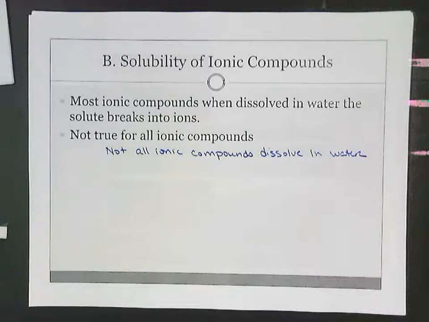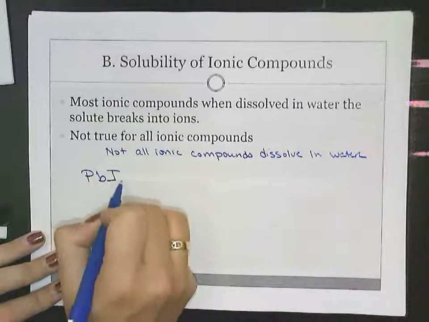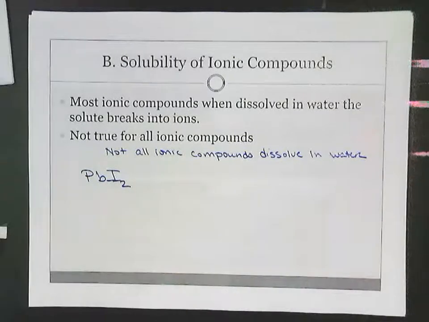So because you guys were so great at memorizing tables of data, I have another one for you. All right, so let's walk through this. We'll do this first. All right, PbI2 is ionic. What would I call it if it's ionic?